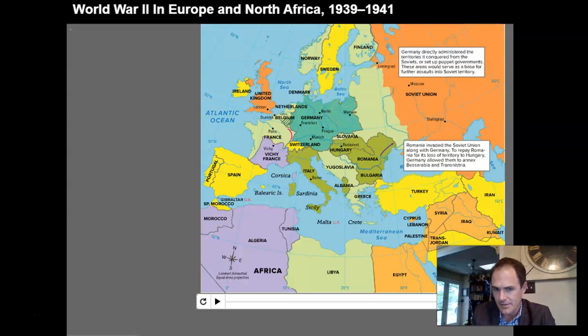They're opposed by the Soviet Union and the United Kingdom. You see there in that orangish reddish color. Those colors in yellow are neutral countries, and the colors in green are allied with Germany. So basically, Germany and its allies control all of Europe by 1941.